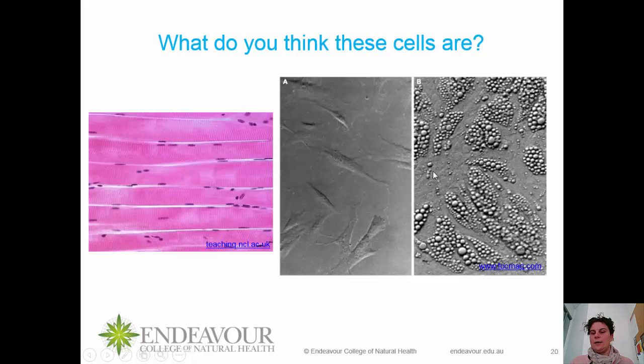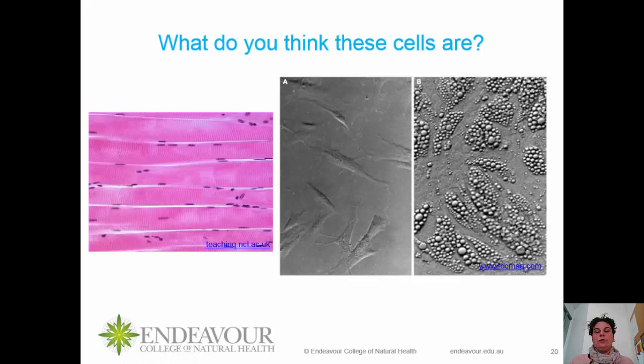What about these guys here? These are a bit odd looking things. How about I tell you that these are actually the same cells? But what has happened between A and B is that these cells here were fed with some fat.